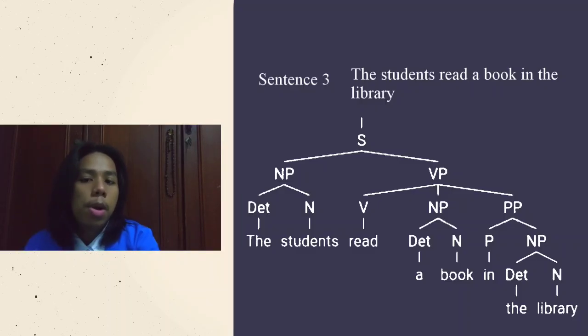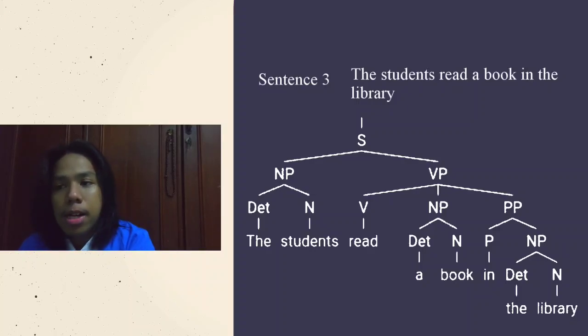And we add a prepositional phrase, which is "in the library," and the prepositional phrase consists of preposition "in" and noun phrase "the library." The noun phrase "the library" consists of determiner "the" and noun "library." So that's the analysis of the sentence "the students read a book in the library."